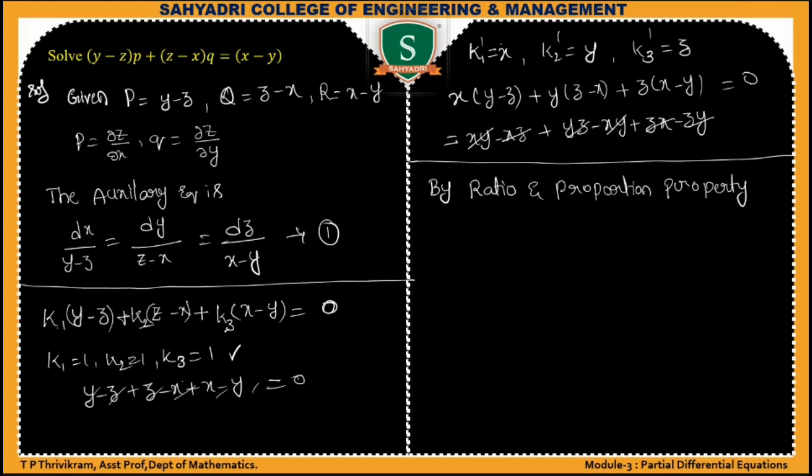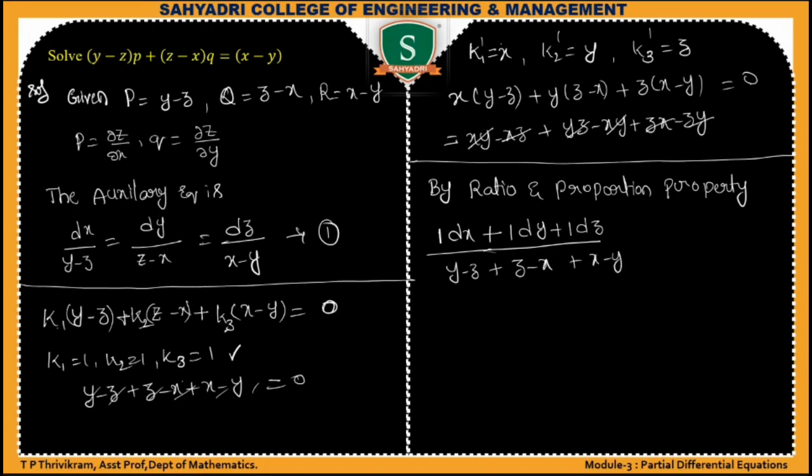We take dx into k1 over denominator into k1, so 1 into dx plus 1 into dy plus 1 into dz, divided by 1 into y minus z plus 1 into z minus x plus 1 into x minus y.